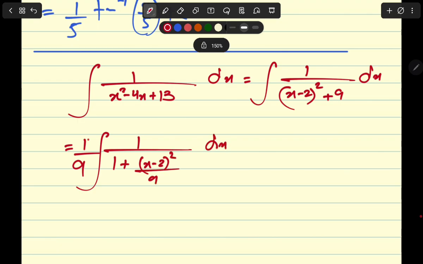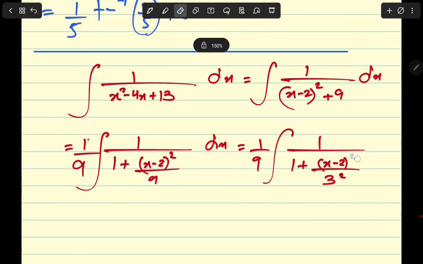And this is dx. Which can further be rewritten as 1 upon 9, 1 upon 1 plus (x minus 2) whole squared upon 3 squared, which I can convert into a single fraction, (x minus 2 over 3) whole squared, right? As simple as that, and dx.